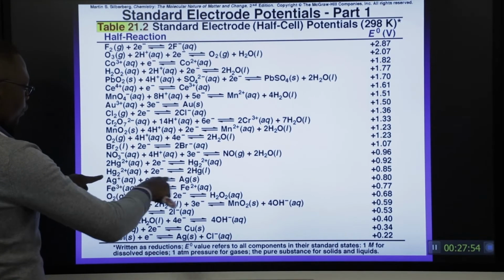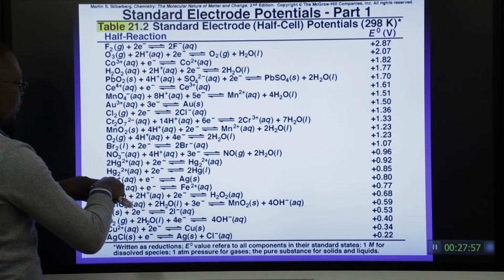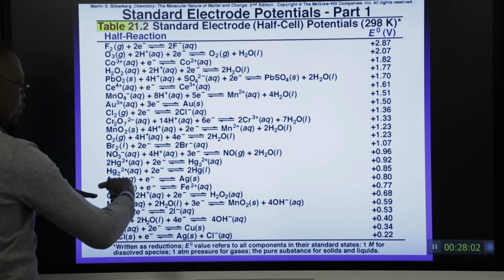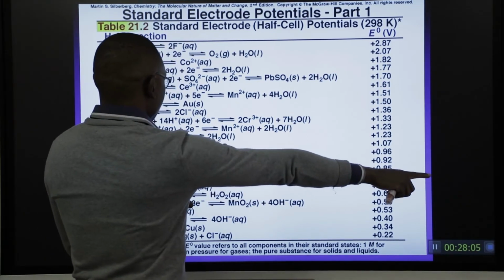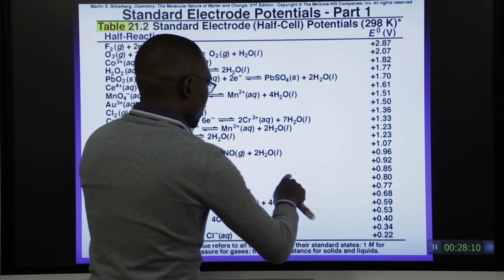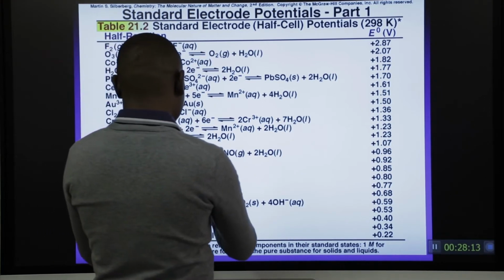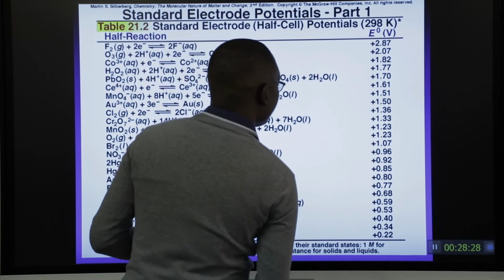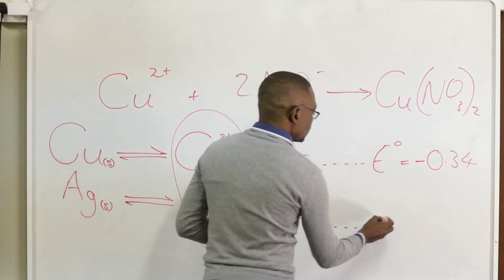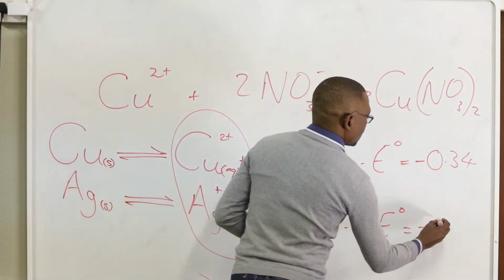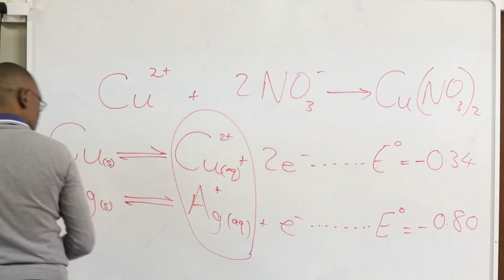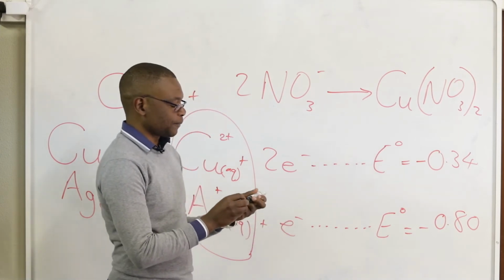Yes, here we are. You can see that this is silver ion plus an electron to give us silver solid. So if we do the opposite, it's silver solid to give us silver ion plus electron. So here is the value. I hope I'll get it right this time around. It's going to be minus 0.80. So the electrode potential for this one is going to be minus 0.80. So boys and girls, this is where all the trouble starts.